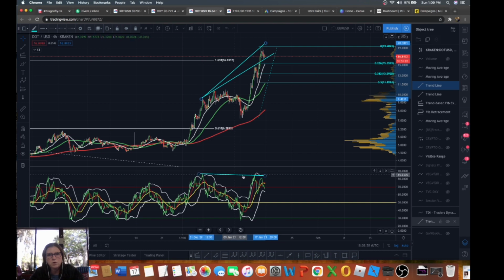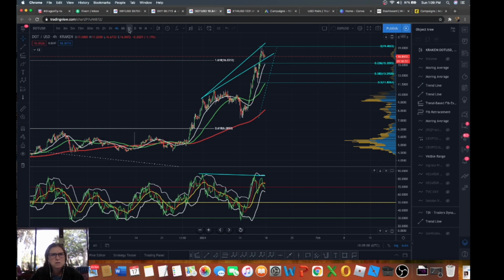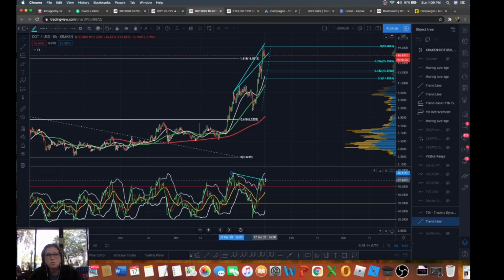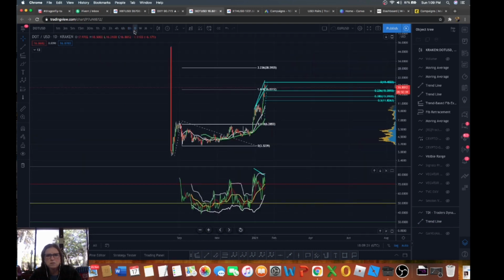And this is pretty much straight across or just a little bit of a down curve. And this is on the 4-hour. Let's take a look at the 8-hour and see if we have it. Yes. So on the 8-hour, we have it also. Daily. And on the daily, we have it.